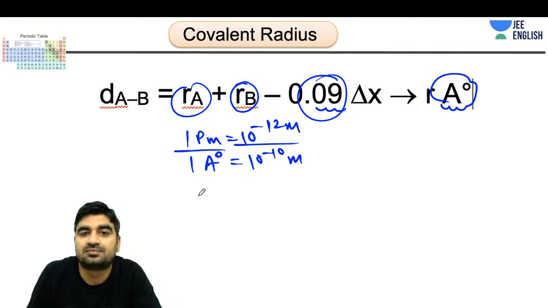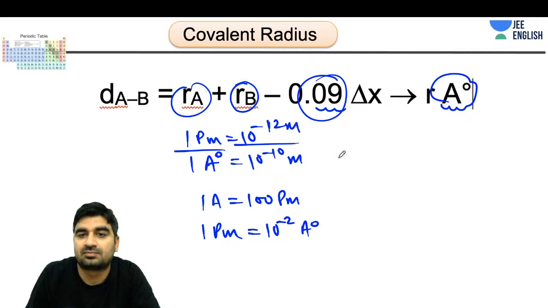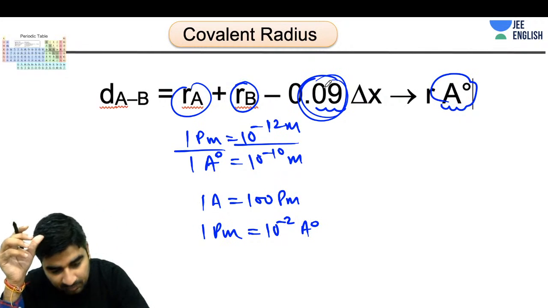If you divide, you get 1 angstrom equal to 100 picometer, or 1 picometer equal to 10 raised to the power minus 2 angstrom. So here it is coming 10 raised to the power minus 2.